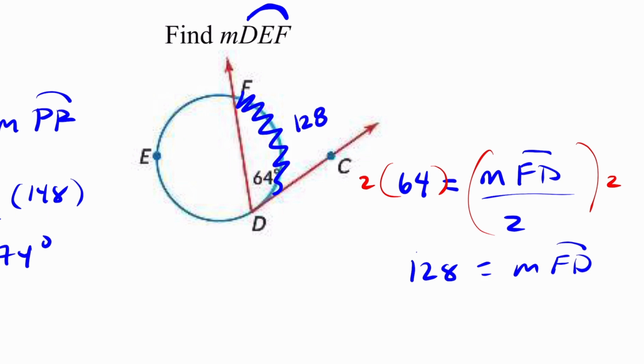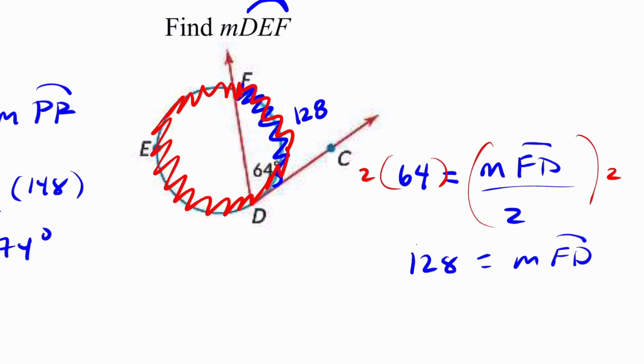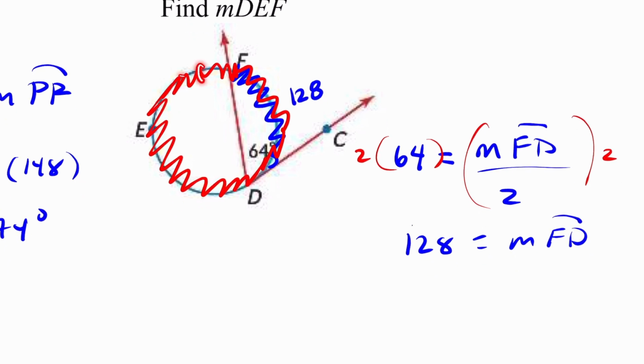And remember, the whole circle is 360 degrees, right? So I'll write 360 in red minus the stuff in blue, minus 128.